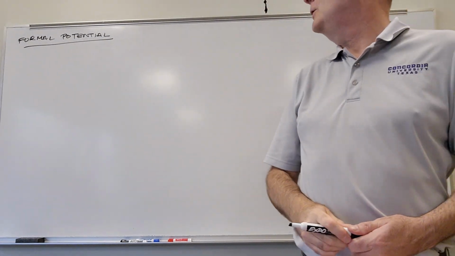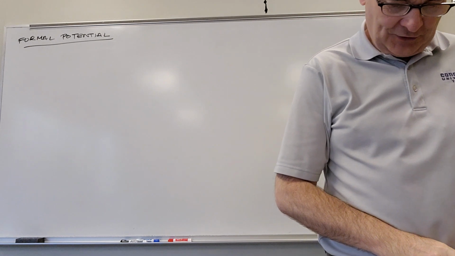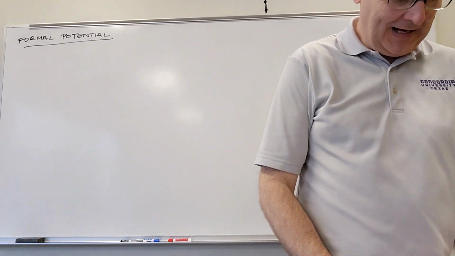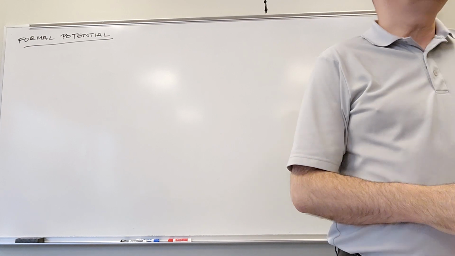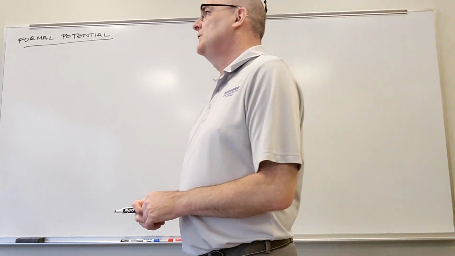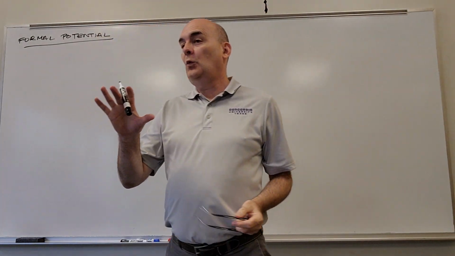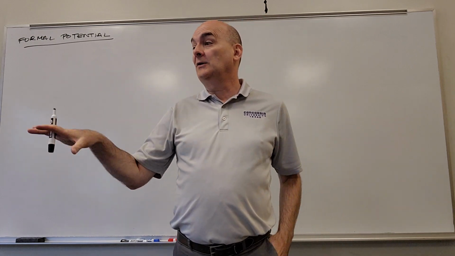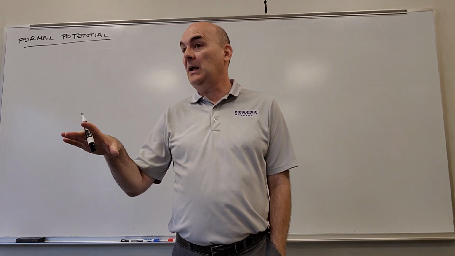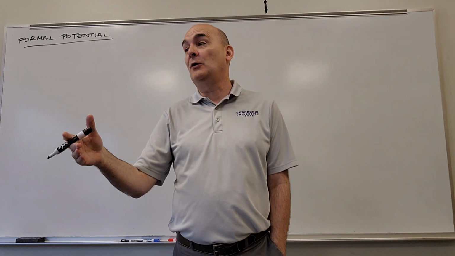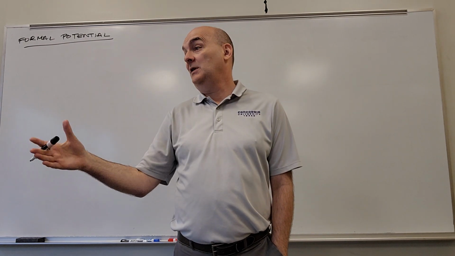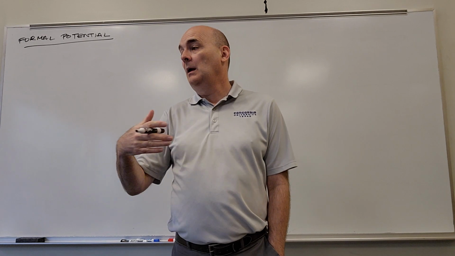There's a thing called formal potential. Formal potential is a conditional value. Everything that we've seen up to this point, we've allowed a concentration to be in, hot on the heels of saying concentration isn't allowed because everything's supposed to be an activity.